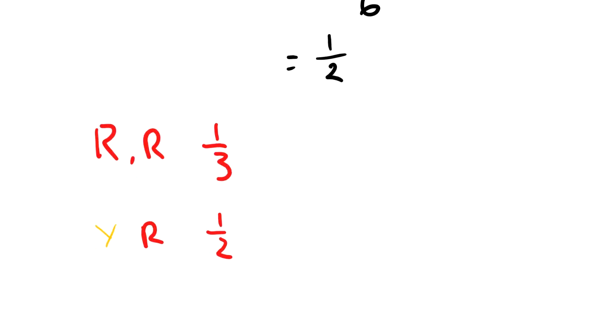So you can see, depending what was drawn first, does have an impact on the probability of what we're drawing second. Okay? So, drawing the red first, we had a 1 in 3 chance of getting a red again. Whereas if we drew the yellow, we had a 1 over 2 chance of drawing a red. So it's important to note that conditional probability depends on what's happened before.